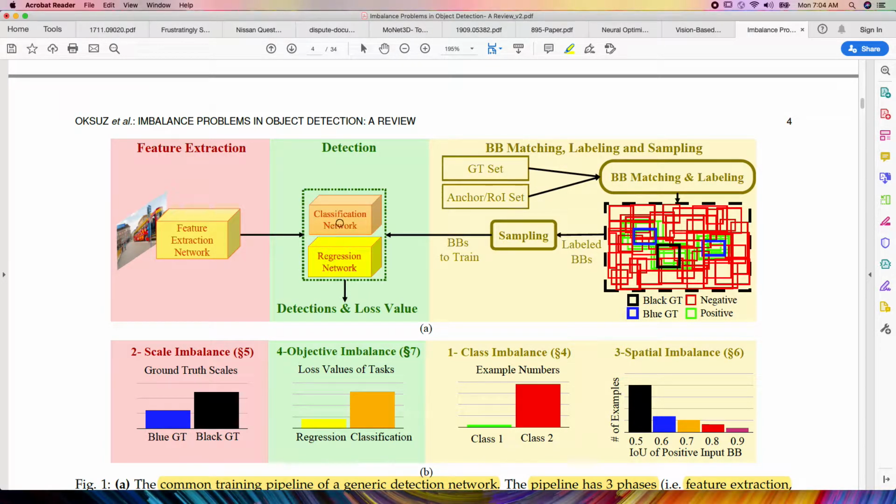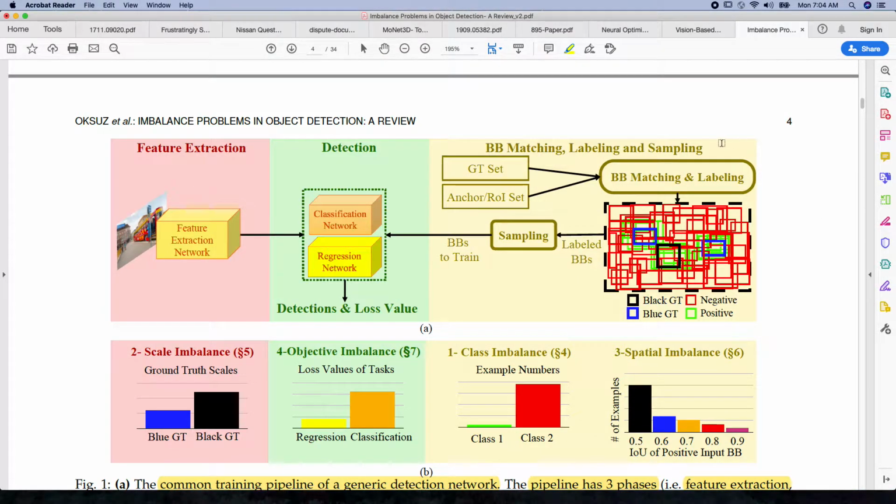You do classification based on the anchors, then you do regression by drawing bounding boxes around the object, making sure you're able to accurately localize the object of interest. All this involves loss function optimization.